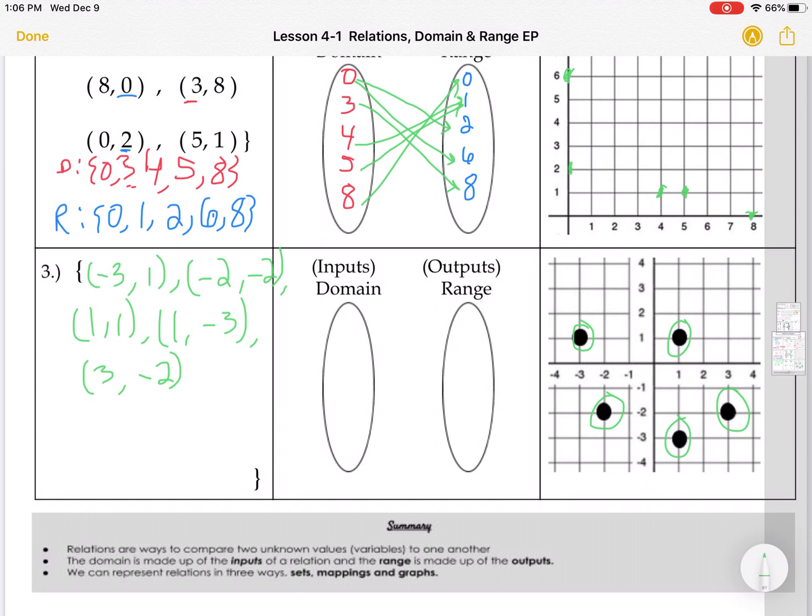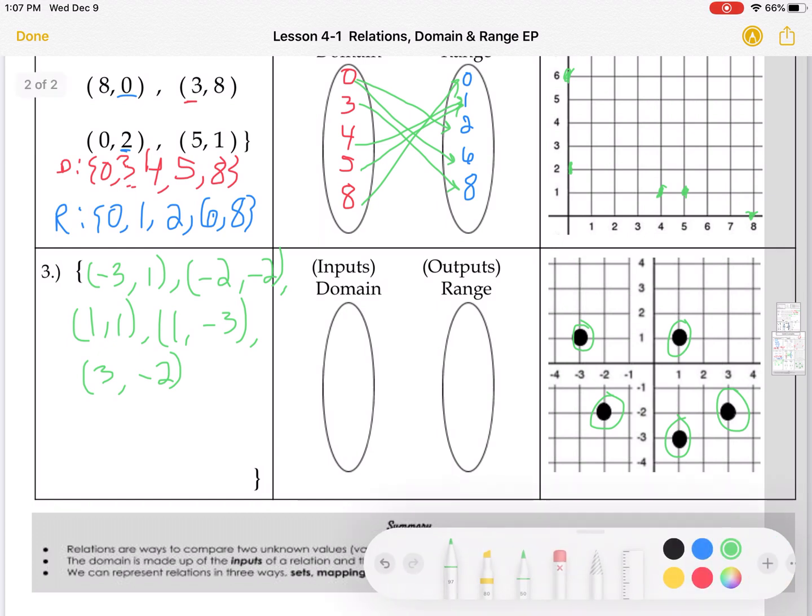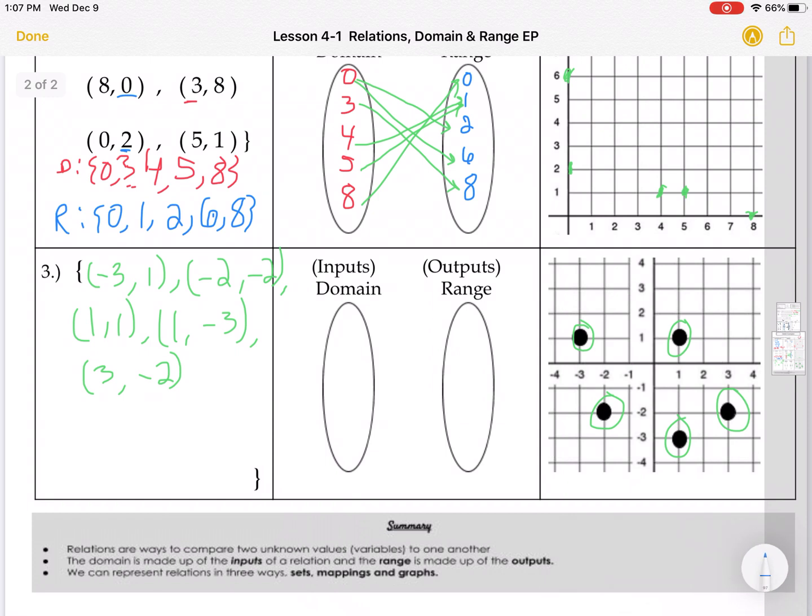All right, so now what we're going to do is we're just going to simply list our x values, list our y values in our domain and range. So our domain is going to be -3, -2, 1, and 3.